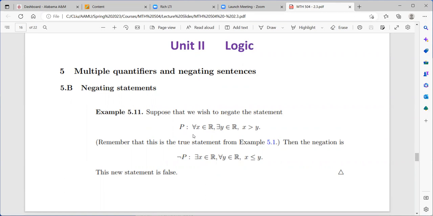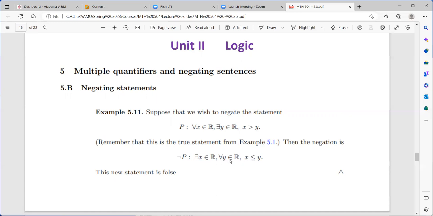So then you are gonna get there exists some x in R and for any y in R. Okay, swap the quantifiers, and you need to negate the open sentence from x greater than y to x less than or equal to y. So the whole thing becomes there is some real number x such that for any real number y, you have x less than or equal to y, and that's false, right?